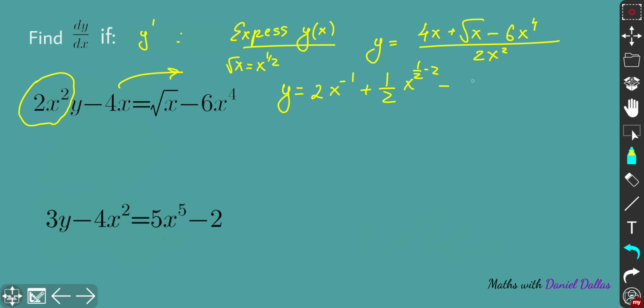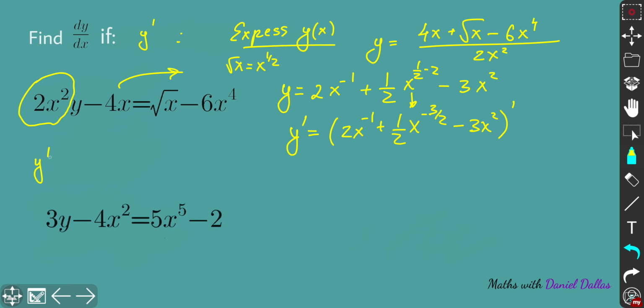And finally, minus 6 over 2 is 3x squared, okay? I just rewrite this middle term because x to the 1 over 2 minus 2 is going to be x to the power negative 3 over 2. And right now, we are going to differentiate that. So y prime is going to be 2x minus 1 plus 1 over 2 that, and minus 3x squared, we differentiate that, okay? So obviously it's not so hard.